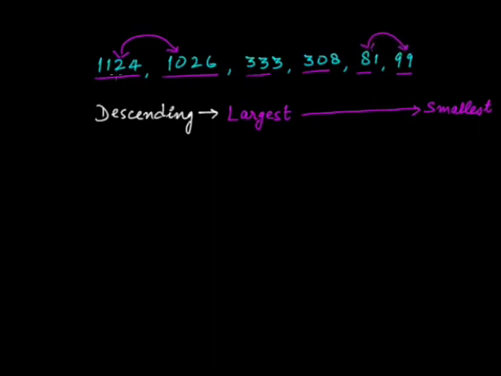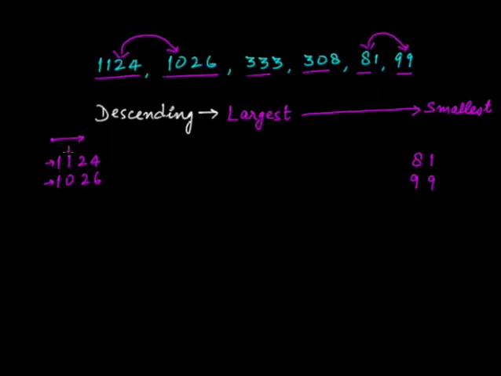So 1124 and 1026 for the largest number, 8199 for the smallest number. From extreme left towards extreme right, compare the numbers. This is 1, this is 1. First attempt failed.